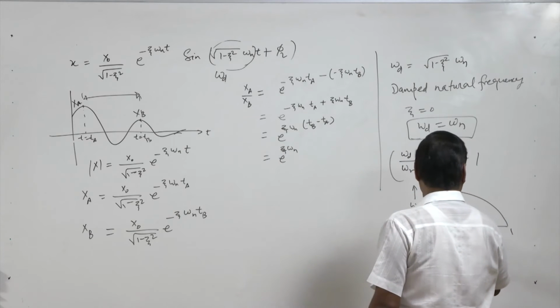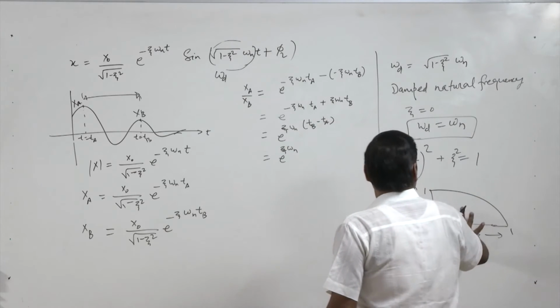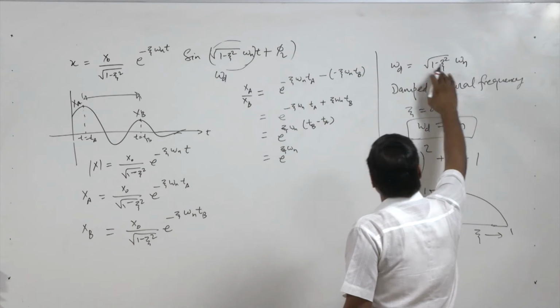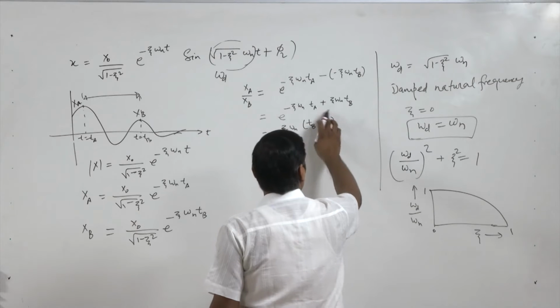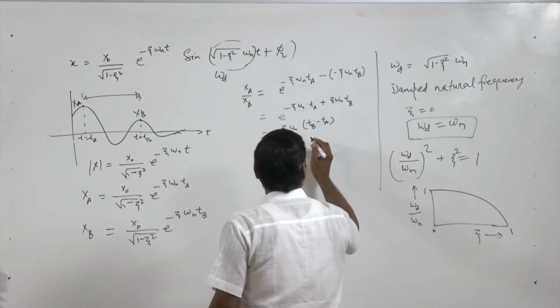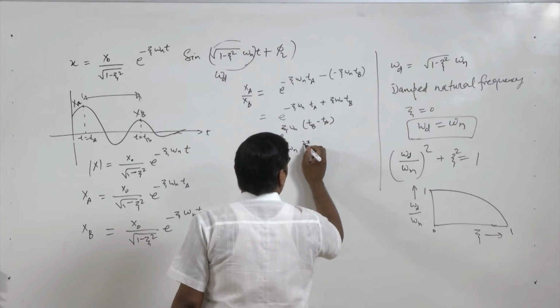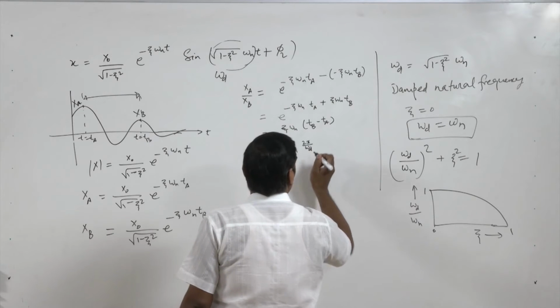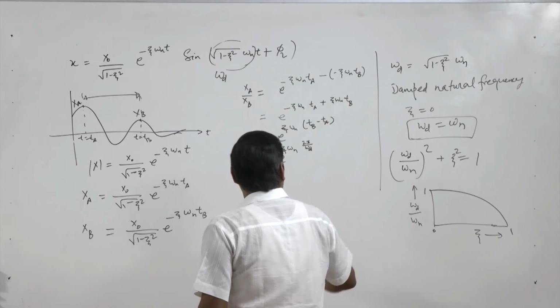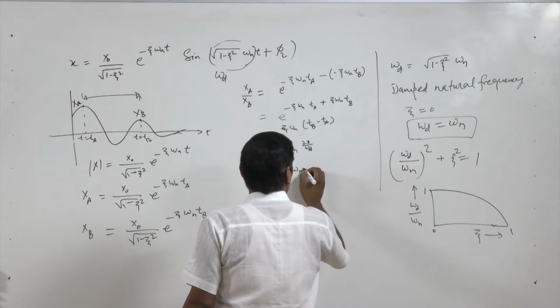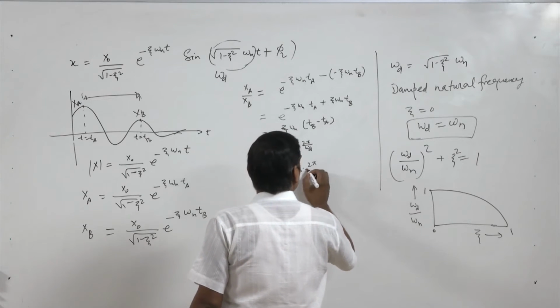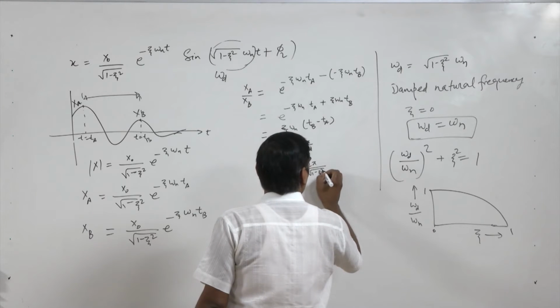Now tb minus ta is one time period, which is 2 pi upon omega d. So xa by xb equals e power zeta omega n into 2 pi upon omega d, where omega d is root 1 minus zeta square into omega n.